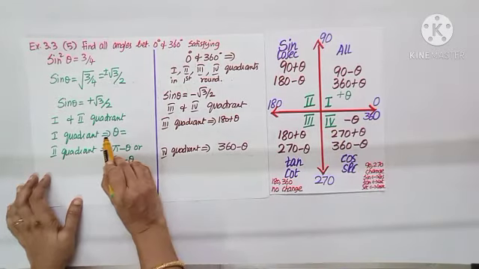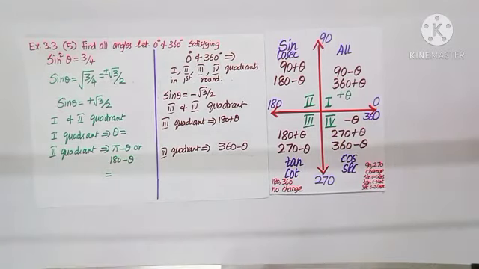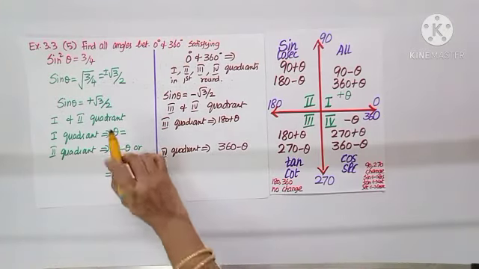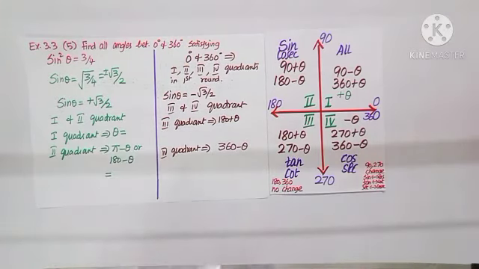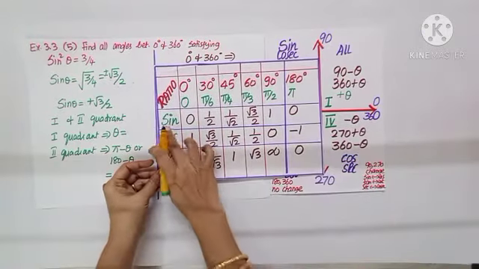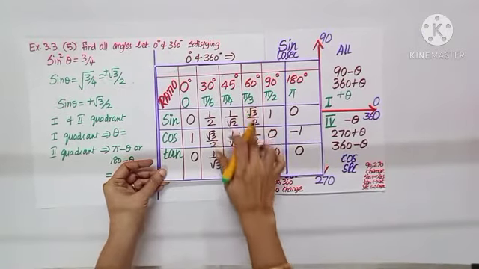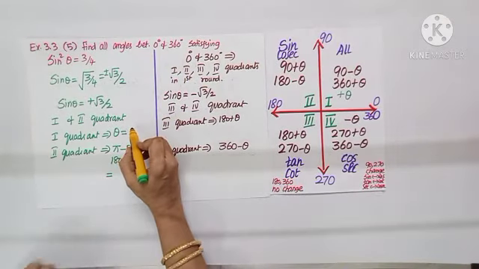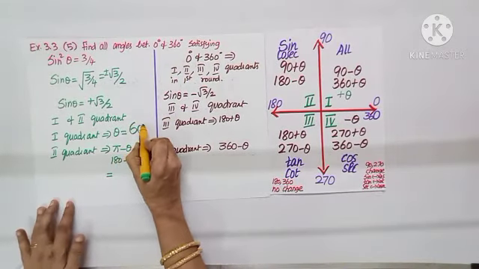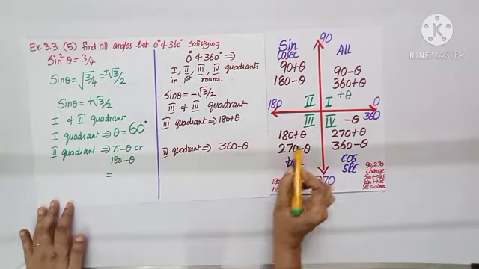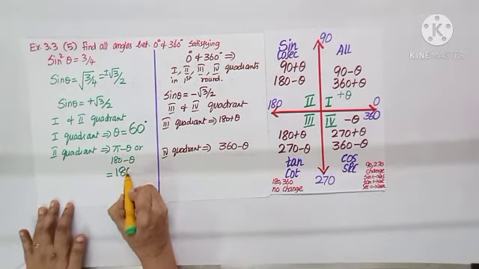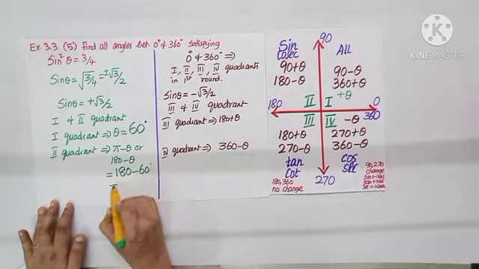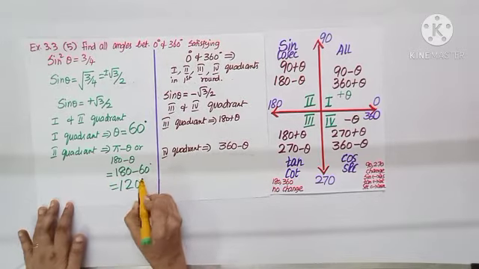How to write first quadrant? Theta as it is. What is the value of theta? Root 3 by 2 tells me, refer to the table, sin of root 3 by 2, the value is 60 degrees. So, theta equal to 60 degrees. When I come to second quadrant, 180 minus 60, that is 120 degrees.